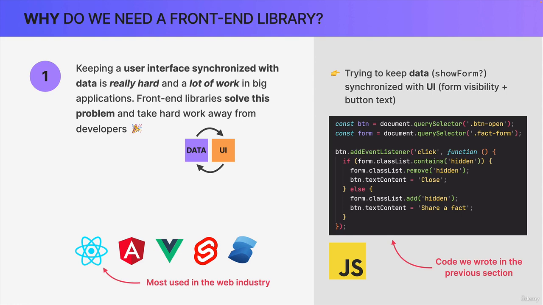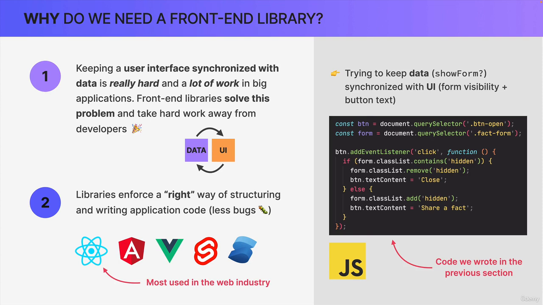Okay, so this is the number one reason why we need a library like React. But there is another one. So another extremely valuable thing that front-end libraries give us is the fact that they basically enforce a right way of structuring and writing code. So this way, everyone on a team writes application code in exactly the same way and follows the same conventions, which will lead to a lot less bugs.